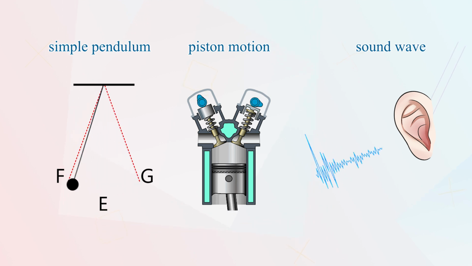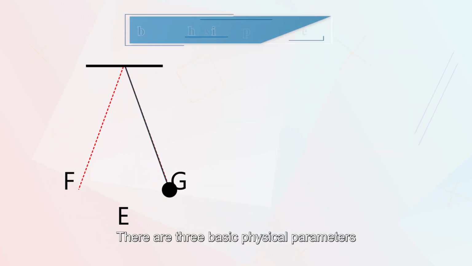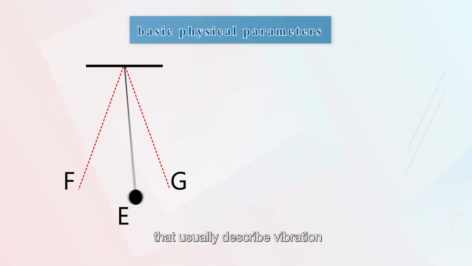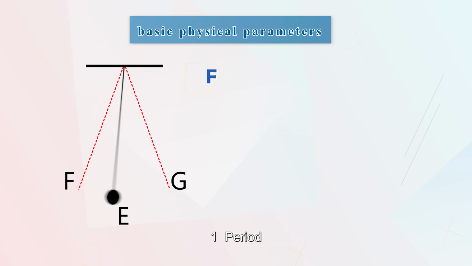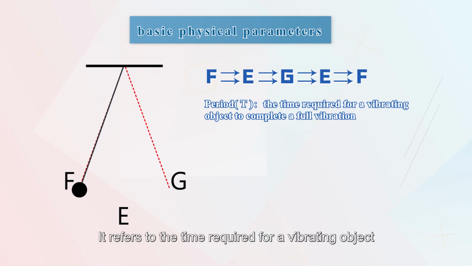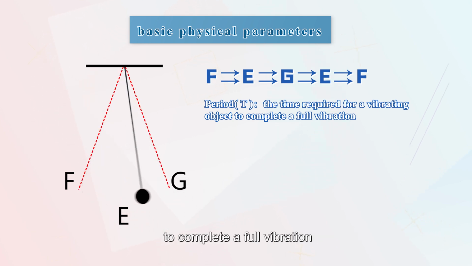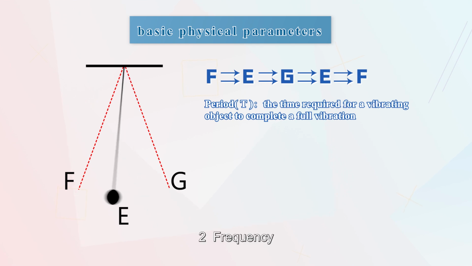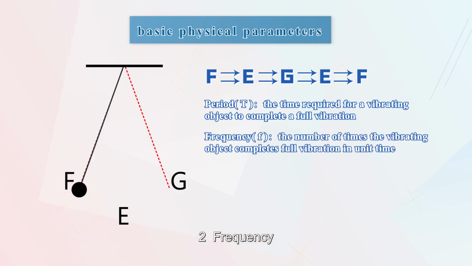There are three basic physical parameters that usually describe vibration. 1. Period T. It refers to the time required for a vibrating object to complete a full vibration. The common unit is second, s. 2. Frequency f.